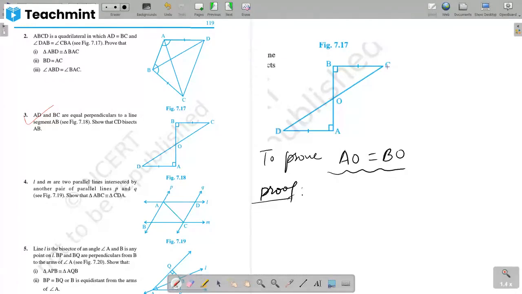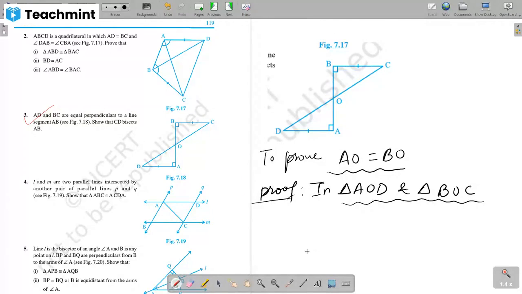For this AO we will consider triangle AOD, and for this BO we will consider triangle BOC. So we will write, in triangle AOD and triangle BOC.